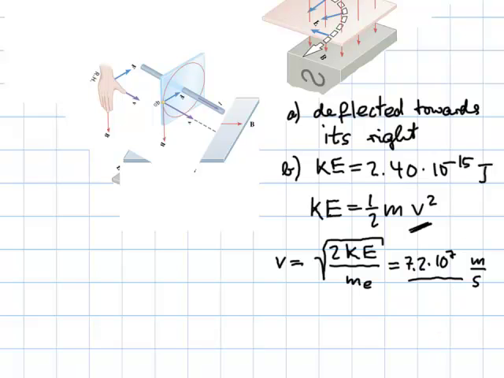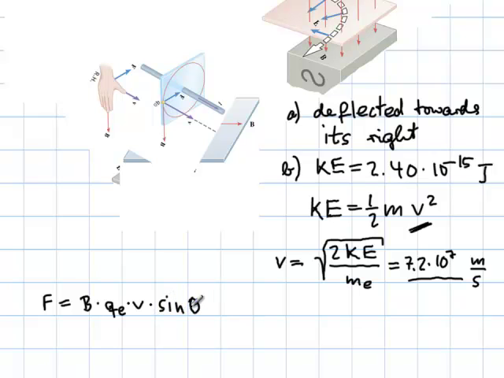All right. Now I got the speed, and now I use the equation for the force that the magnetic field exerts, and that one is F, force equals magnetic field times the charge of the particle, which in this case is an electron, times the velocity that I have just computed times the sine of the angle.